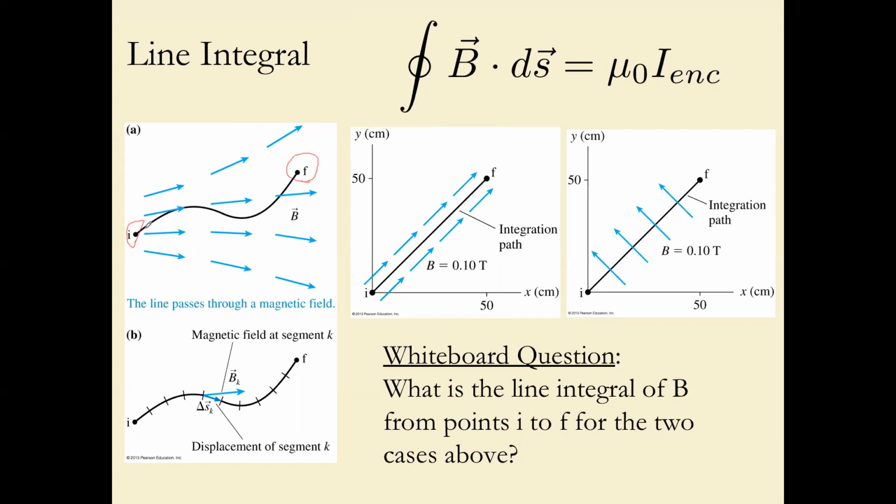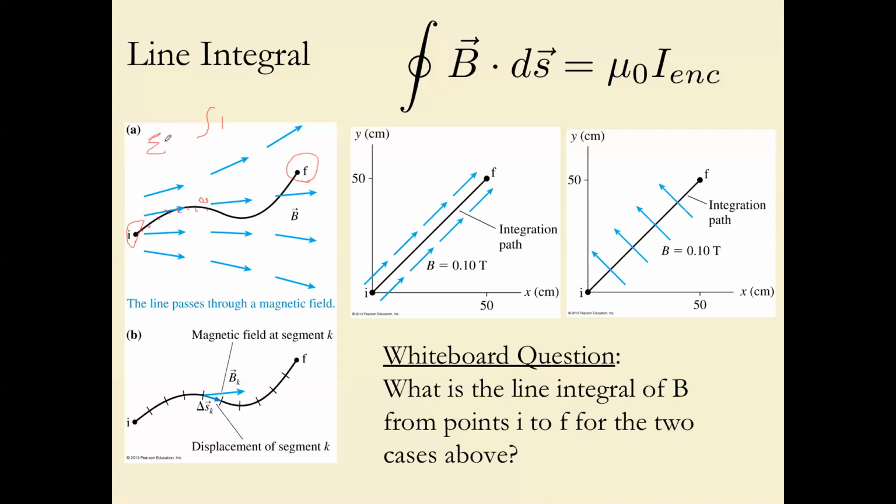What we do is divide this line into many small pieces with a length of delta S. To find the length of this curve from the initial point to the final point, you sum up all those delta S, right?